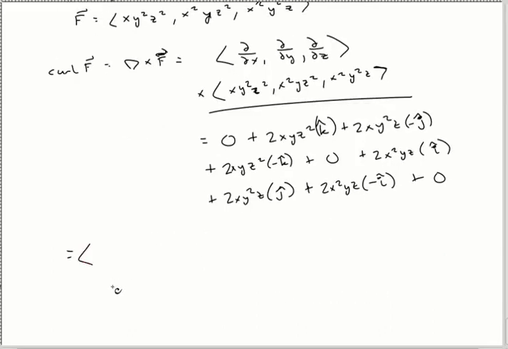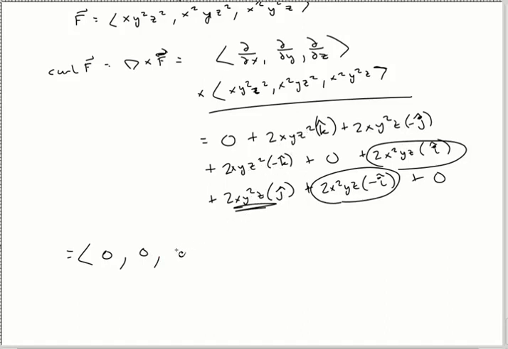Obviously, this is just a mess. So I have my i's here together. Notice that right here and right here I have 2x squared yz, 2x squared yz, one is negative, one is positive. It actually ends up being a 0. The next one, my j's, I have 2xy squared z and a negative 2xy squared z, again a 0. And then my k's, you can see I have a negative and positive yet again, 0.